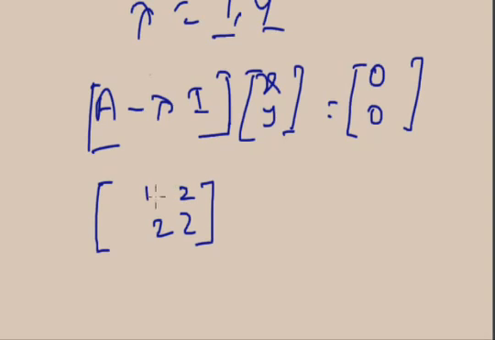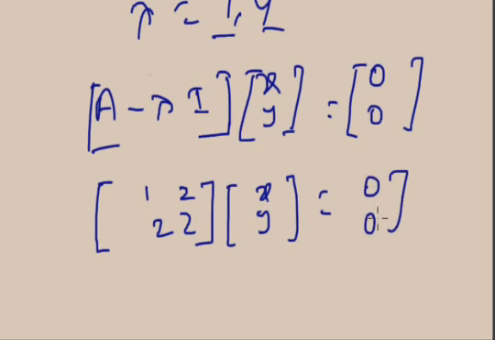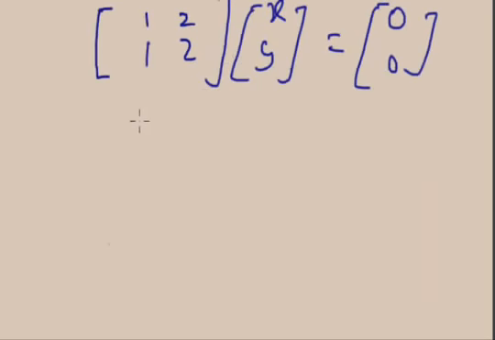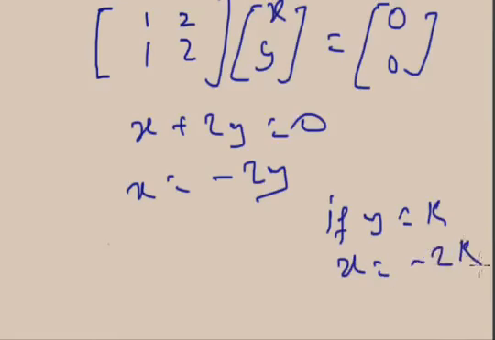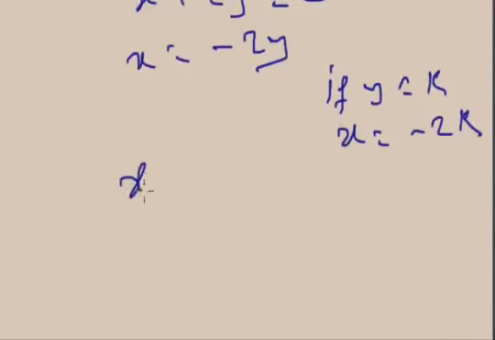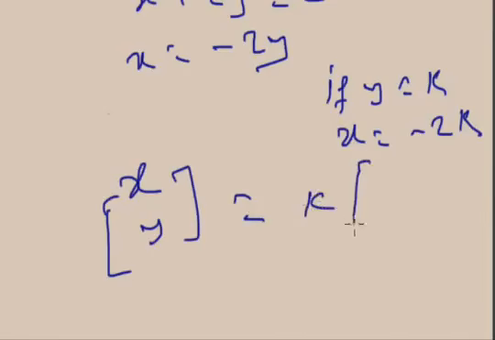So A minus lambda will be this, and x y is equal to 0 0. Solving the first equation, x plus 2y is equal to 0. This means x is equal to minus 2y. Suppose y is equal to k, x will be minus 2k. So x y is equal to k times minus 2 into 1.